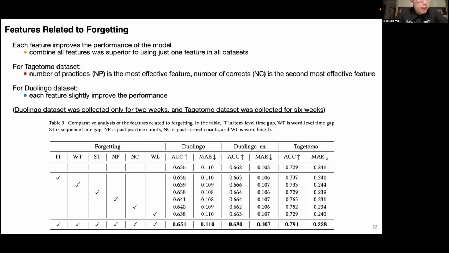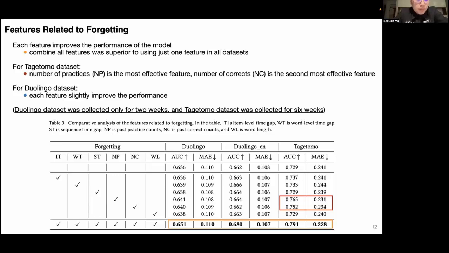Next, we looked into the forgetting components to investigate the features related to forgetting. Overall, we find that combining all features was superior to using just one feature for all datasets. For the TargetWord dataset, we find the number of practices is the most effective feature, and the number of correct answers is the second most effective.